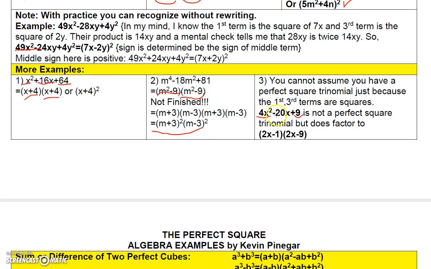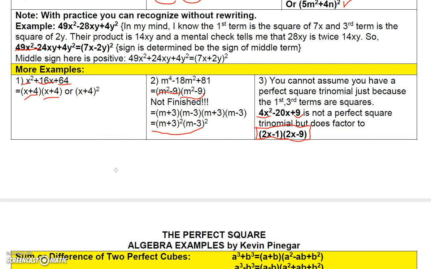So this would have to be a 12x or a minus 12x for this to be a perfect square trinomial. Now, does it factor? Yeah, it will factor, but you can factor it using a grouping or trial and error method and show that it does factor, but it doesn't factor as a perfect square trinomial.